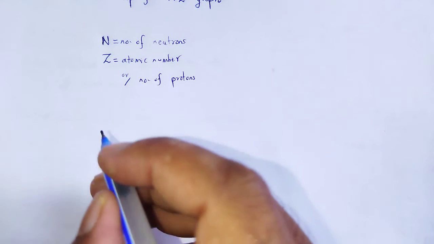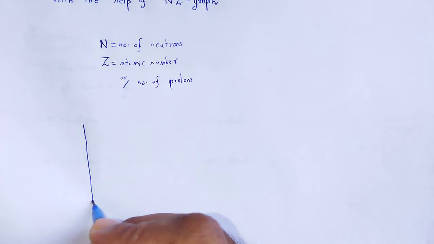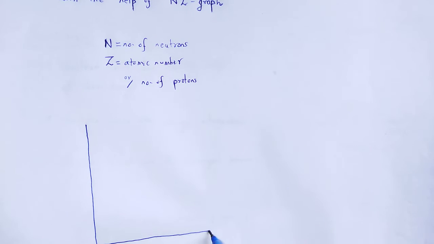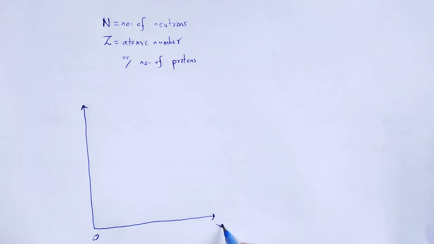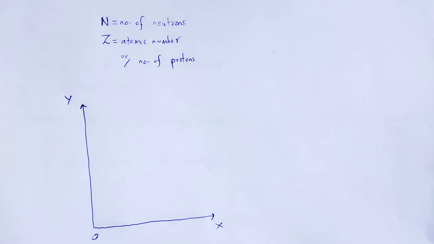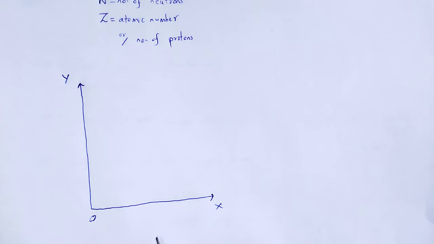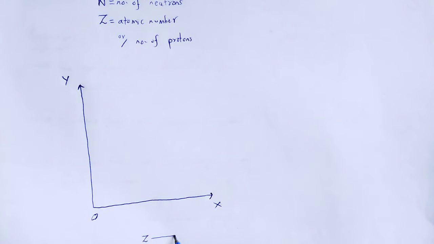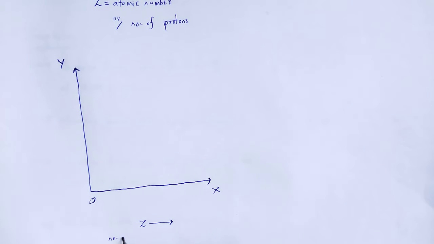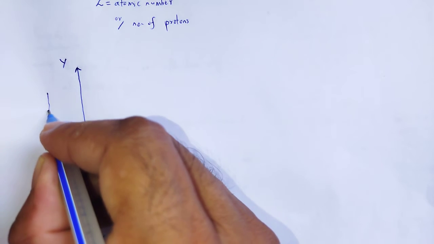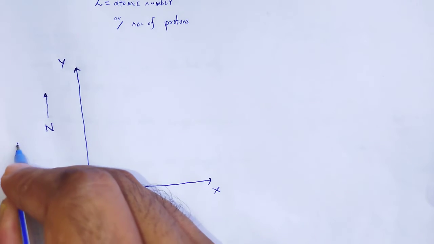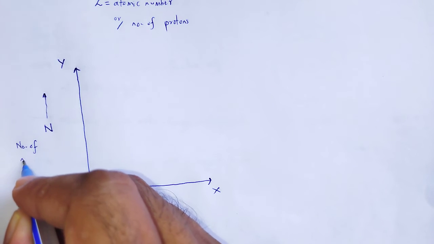When we plot a graph, on the x axis we take the number of protons Z, and N along the y direction, that is the number of neutrons.